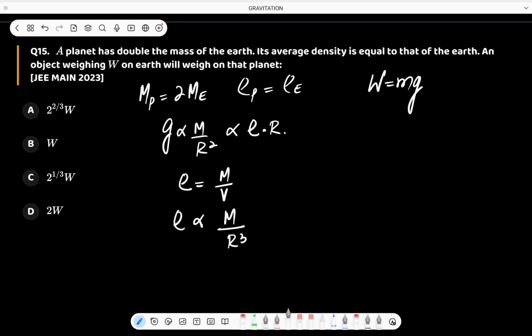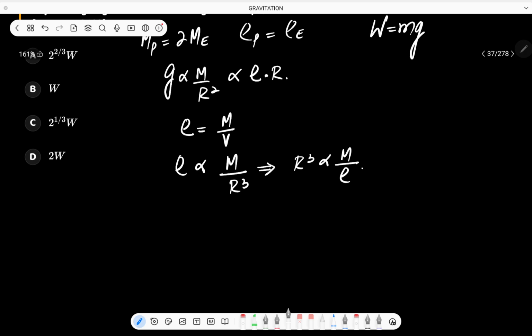Now from this equation I can write that r cube is proportional to m divided by rho. M divided by rho. Is that absolutely clear to you? Which in turn implies that r is proportional to m by rho raised to the power 1 by 3. I hope that this is also clear to you.